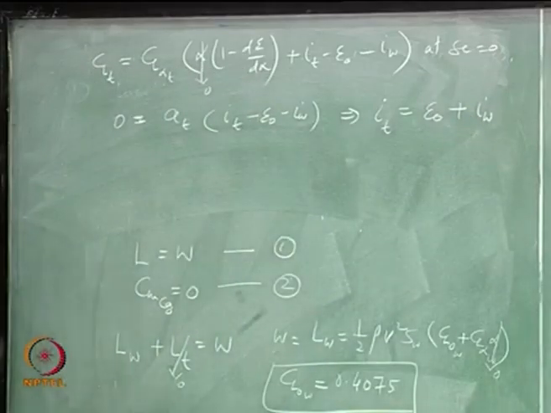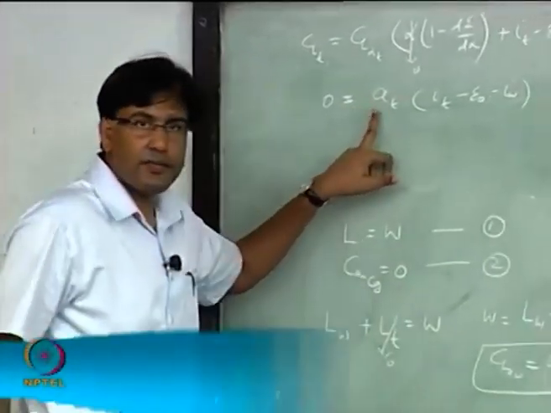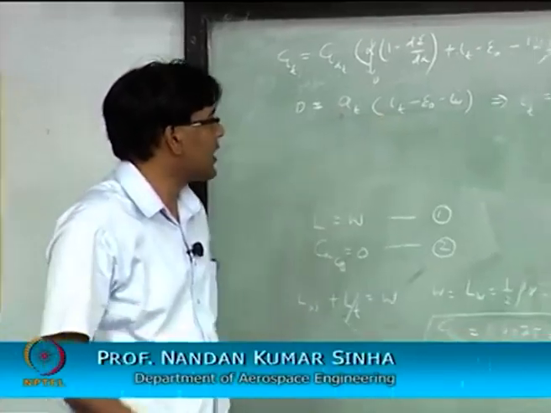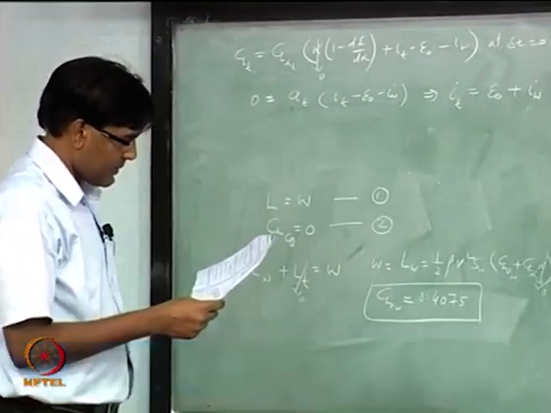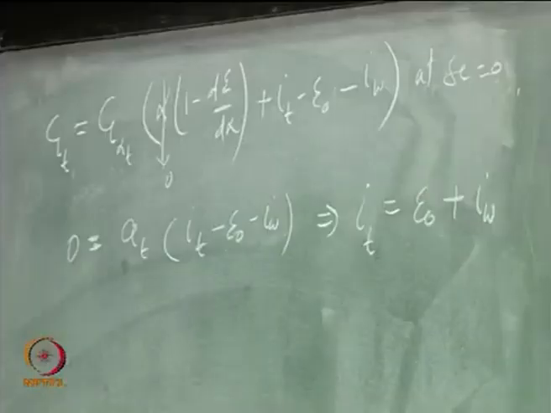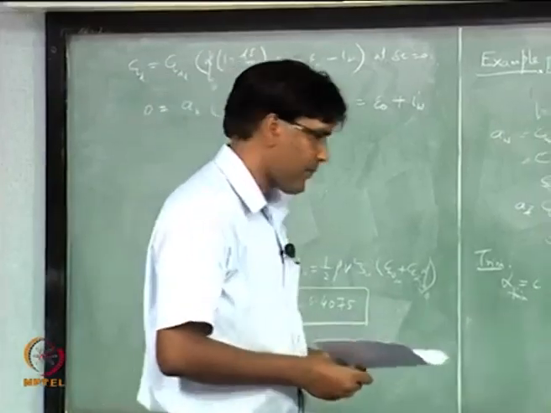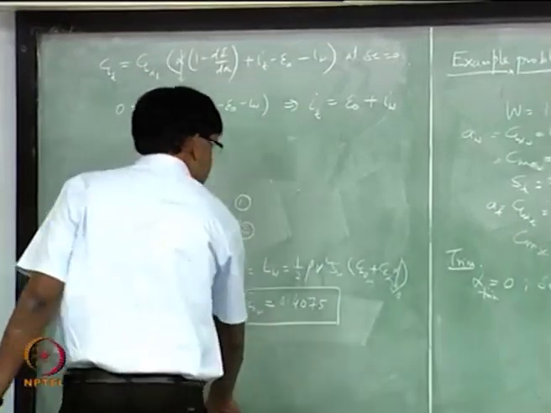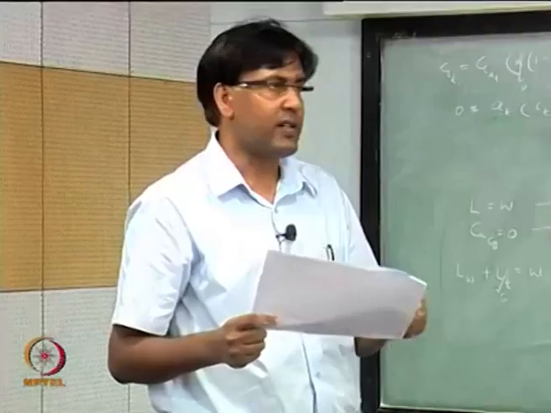AT is not 0. So, you can set this to 0 and get what IT is. All right. We will stop here actually, we will stop here.